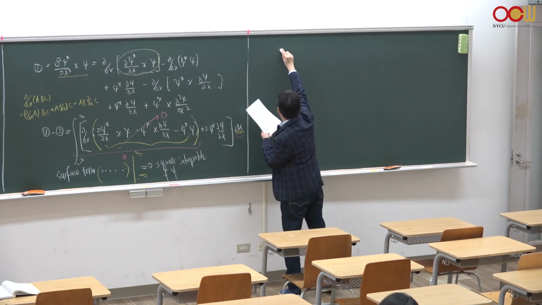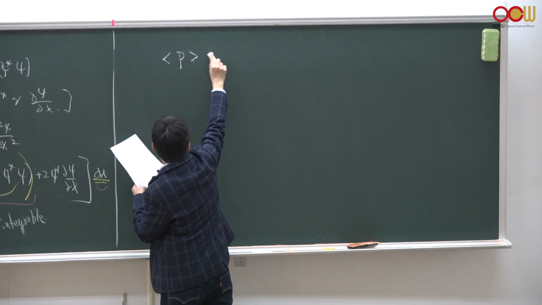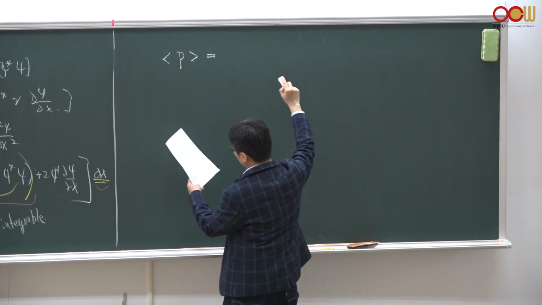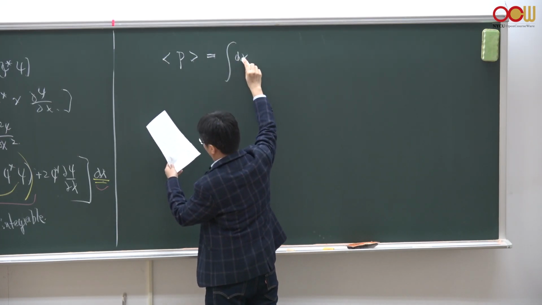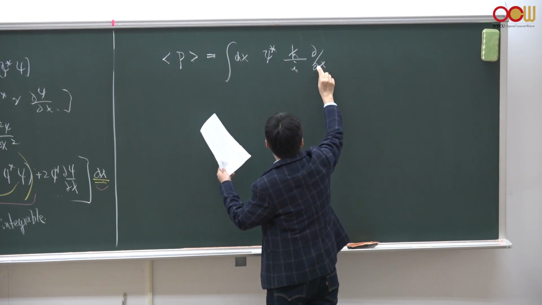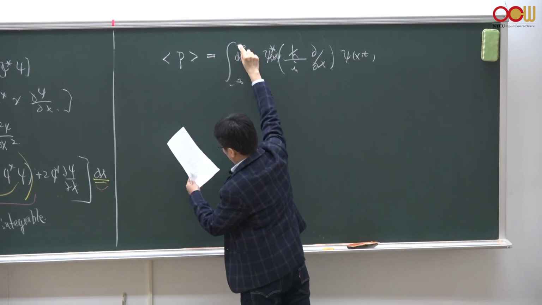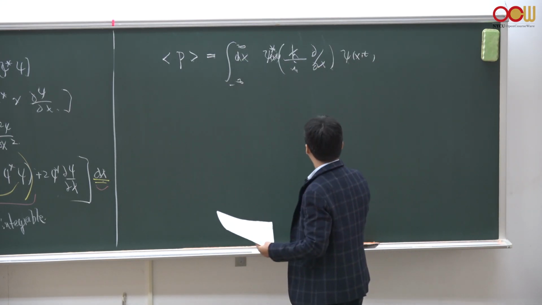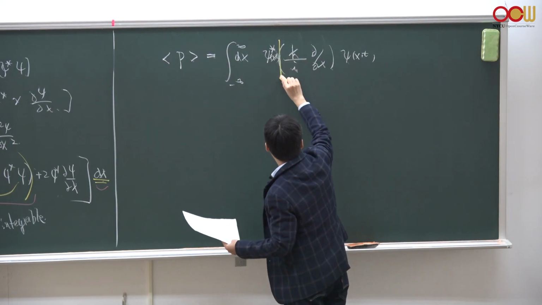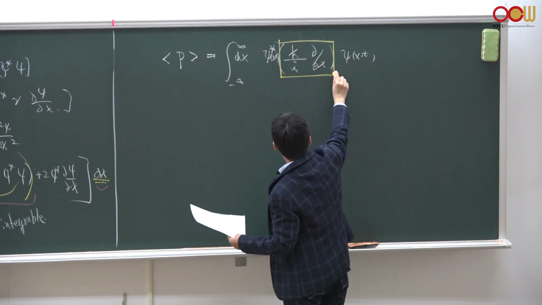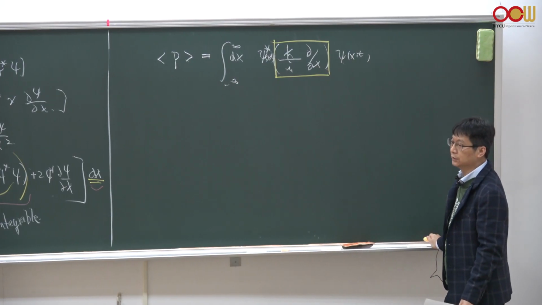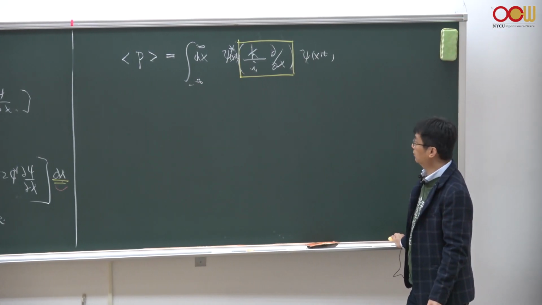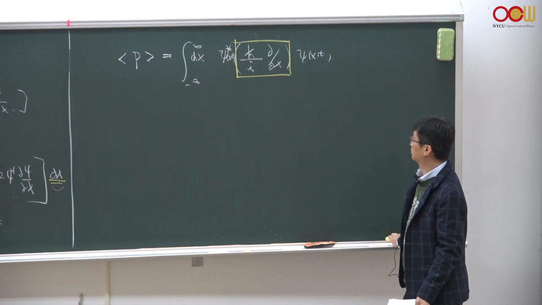And so let me just summarize this expectation value of the momentum operator, which is nothing but this integral, and this is the definition of the momentum operator in terms of the differentiation of a wave function in real space.